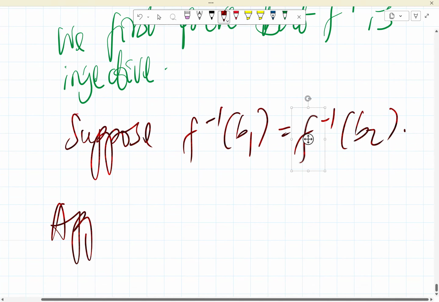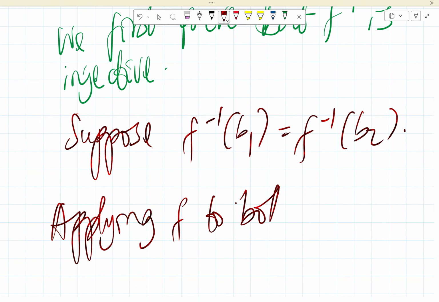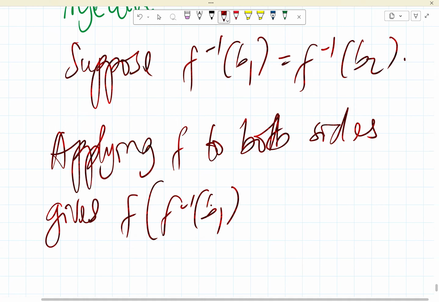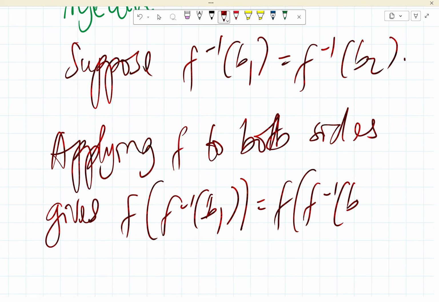So applying F to both sides gives F of F inverse of b1 equals F of F inverse of b2.